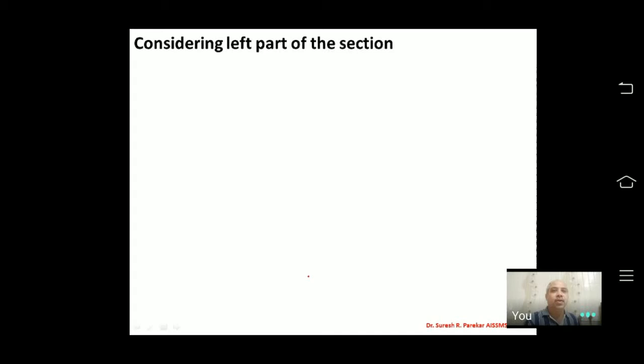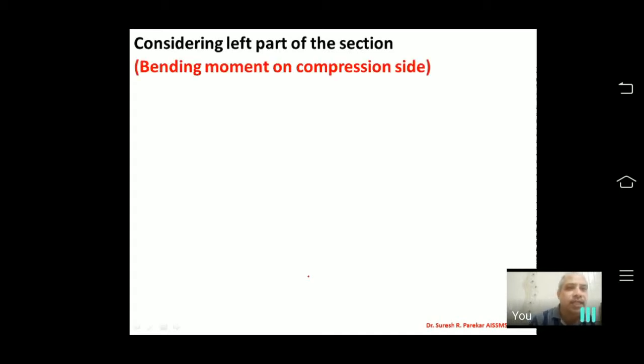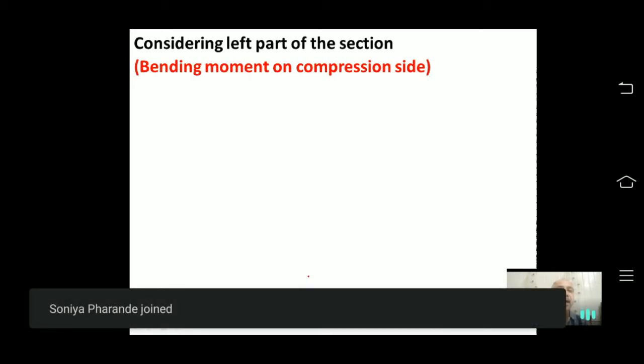Now we have the sign conventions that we will see. While applying this sign convention, we have to keep in mind that we are considering the left part of the section, and bending moment we have considered on the compression side. So these two are most important.